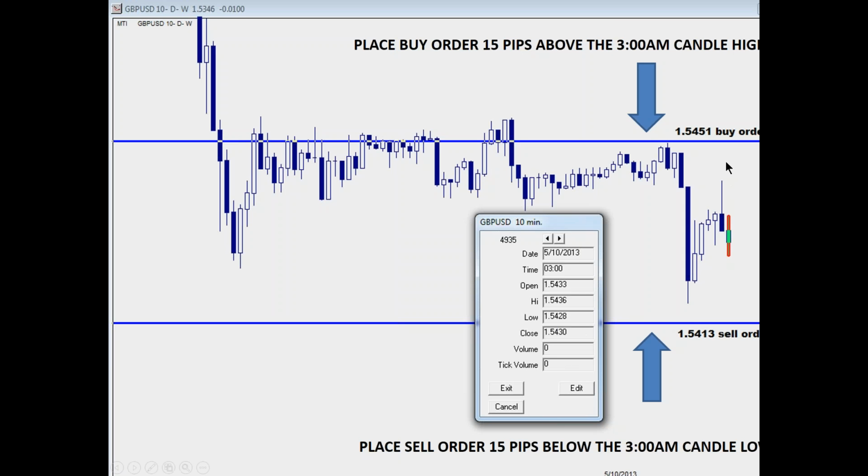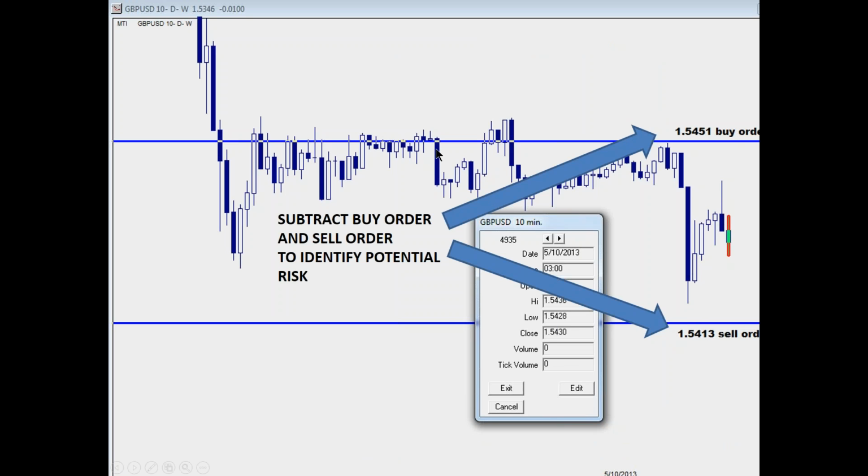Right? So we identified 15 pips above the high of the 8 a.m. GMT candle and 15 pips below the candle. We're going to subtract the difference between these 2 points, or you can just measure it using the ruler tool to identify the total risk, right? Because if the market hits the buy price, I'm going to be triggered into that buy position. And so I would use what would have been the sell entry as the stop loss for that bullish buy position.